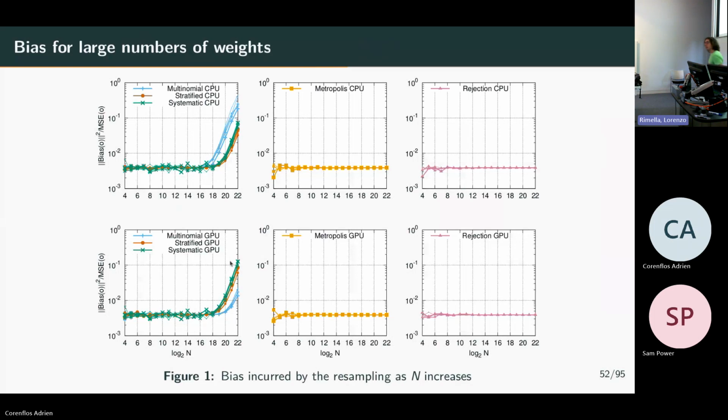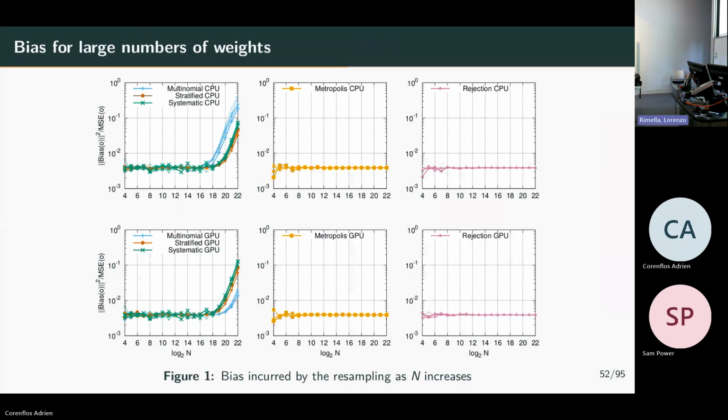Okay. Where is the bias coming from? Good question. I touched upon it today at one time. Anyone? Single precision, yes. Single precision and cumulative sums.